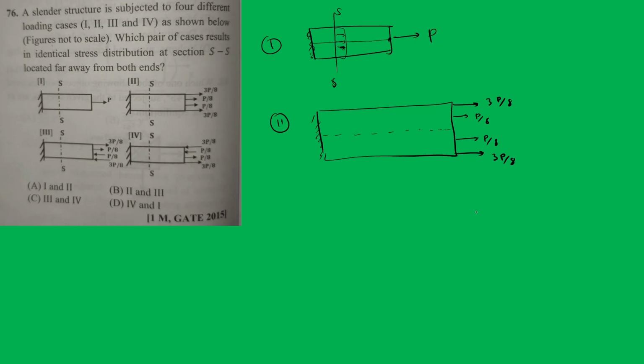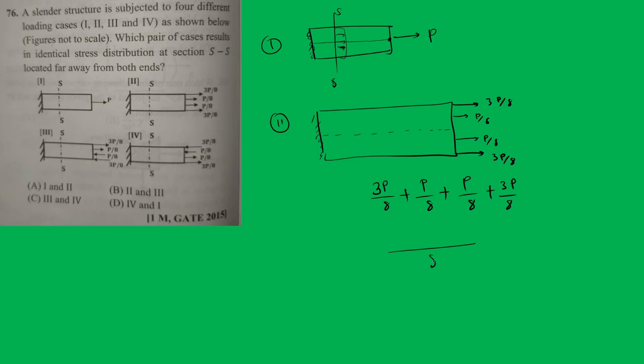What is the total load that you are applying on this body? You will have to add all of this. So, let us write it neatly: 3P by 8 plus P by 8 plus P by 8 plus 3P by 8.